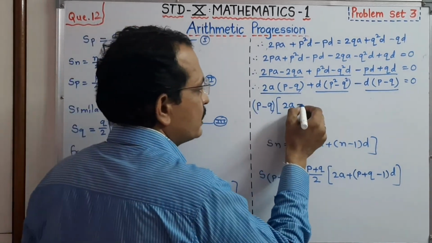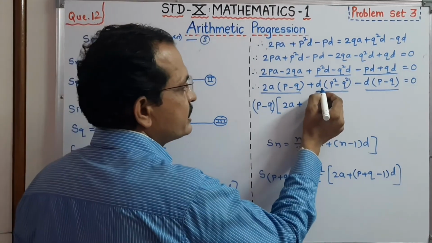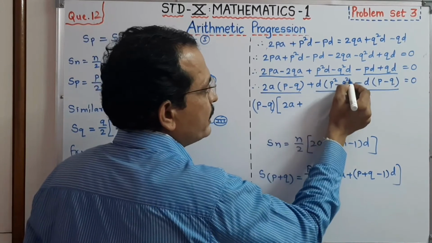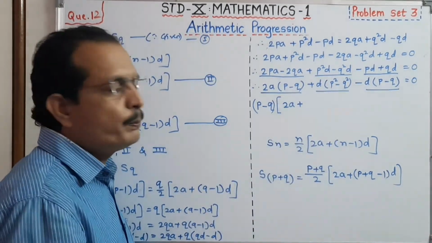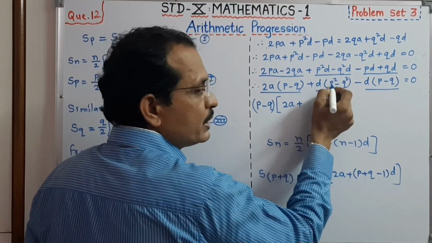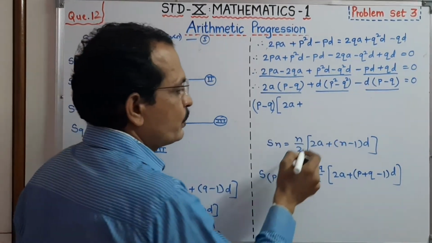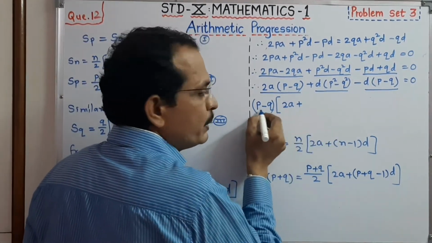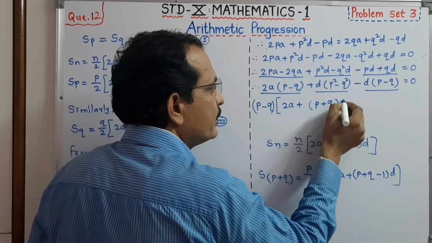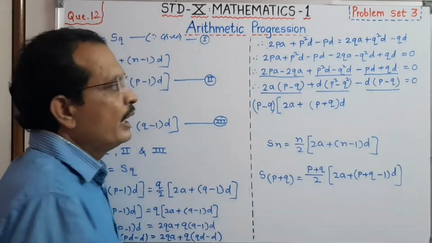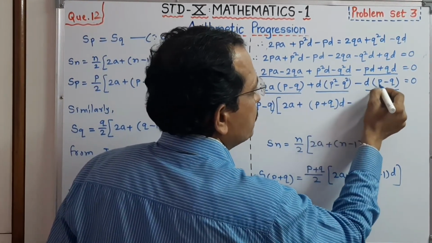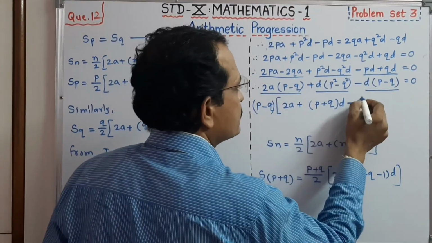Got it? Plus, now dear student, this d is there, and here p square minus q square. Now p square minus q square means what? p plus q and p minus q. Therefore we can take out p minus q as a common, therefore it is p plus q and here it is d, and here minus this p minus q is common, therefore it is d.